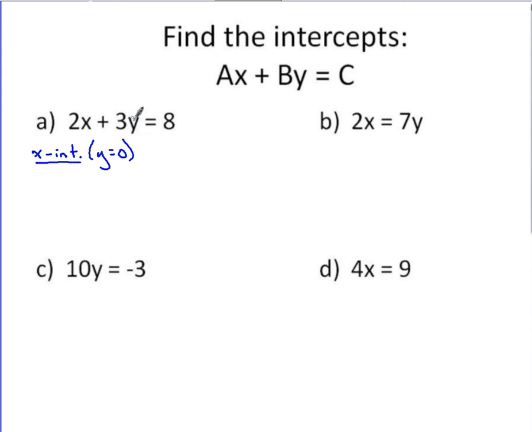This becomes 0, so you have 2x plus 0 equals 8, meaning I can just set up an equation of 2x equals 8. You solve for x, x is 4, meaning your x-intercept, where this line would cross the x-axis, is the ordered pair 4, 0. X is 4, y is 0.